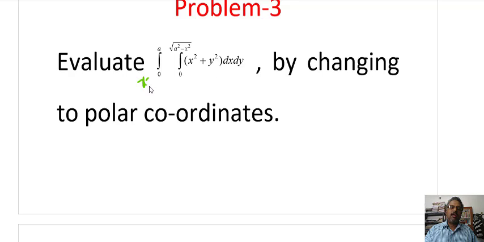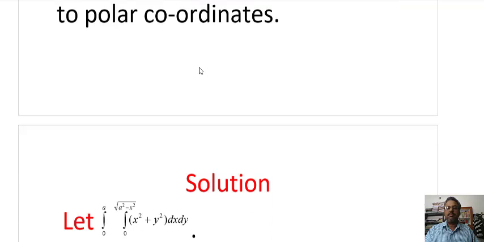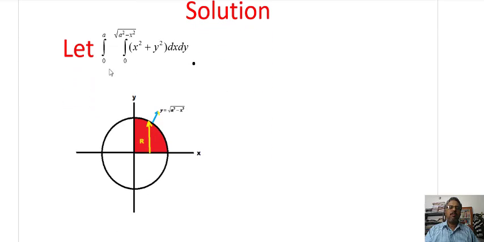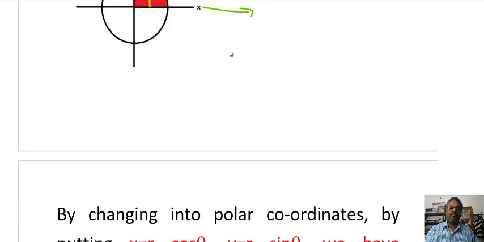This is x, this is y. Y is 0 is nothing but the x-axis, and up to this circular curve, as already discussed in the earlier problem. The shaded region is again the same.